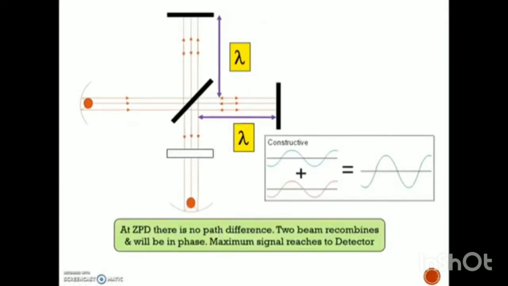When the distance between the movable mirror to the beam splitter and from stationary mirror to the beam splitter is constant, the condition is called zero path difference. At this condition, constructive in-phase pattern occurs and maximum signal reaches the detector.